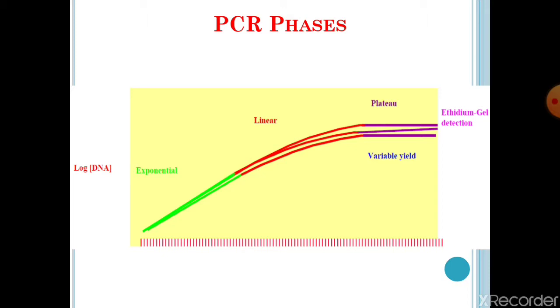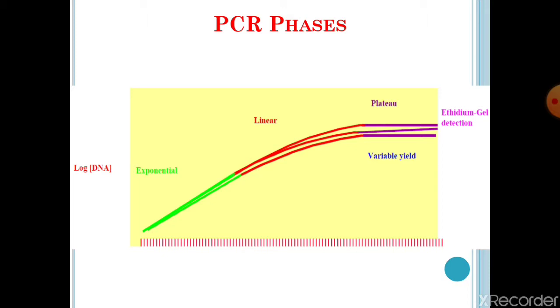As the reaction progresses, some of the reagents are consumed as a result of amplification. This depletion will occur at different rates for each replicate. Understand this point: in the linear phase we have 3 different lines separating. Why is this happening?